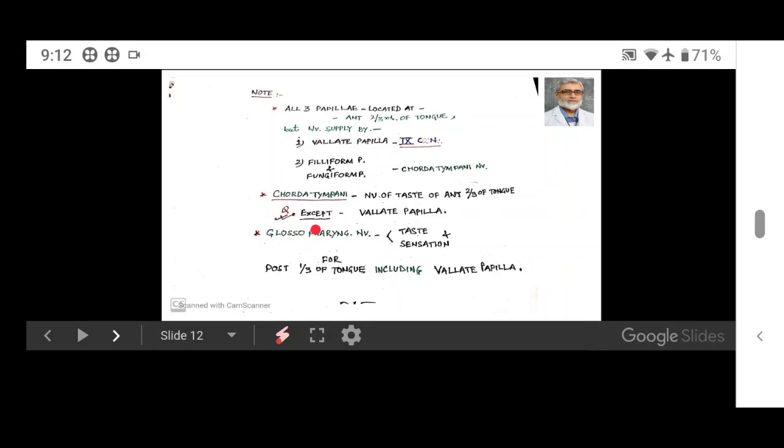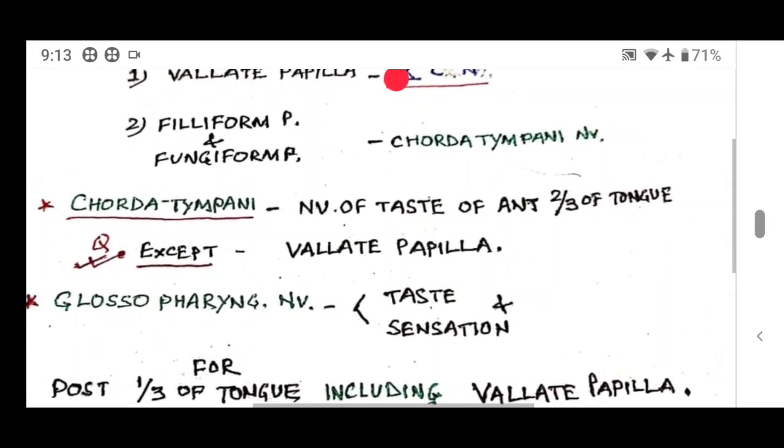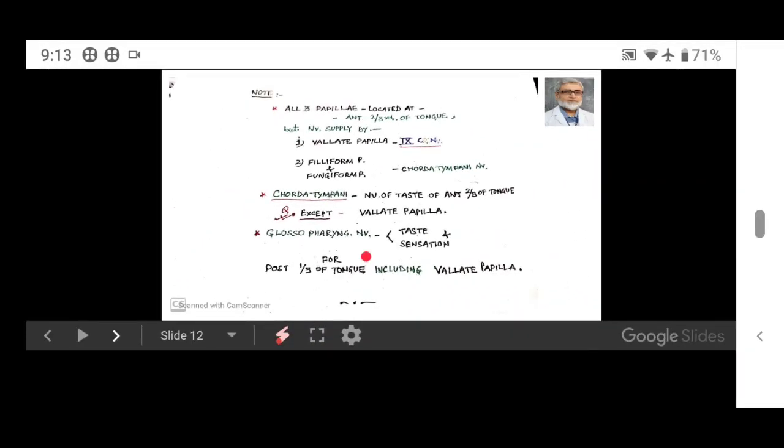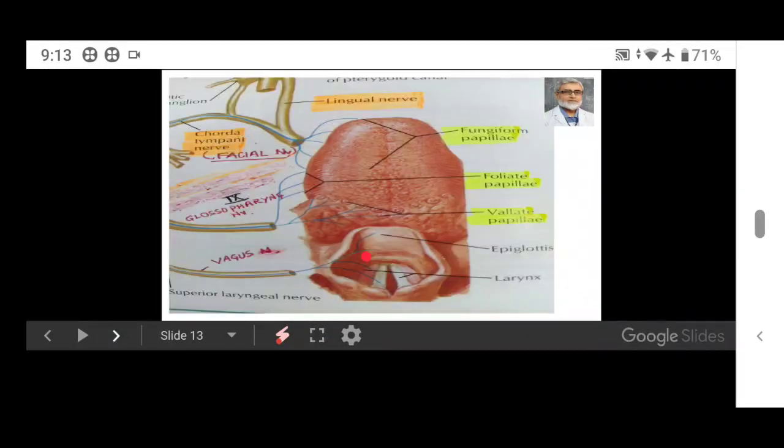Taste and sensation are covered by the glossopharyngeal nerve. Also, it supplies the vallate papillae, which are situated in the anterior 2/3 part of the tongue. You can see here, chorda tympani, glossopharyngeal nerve. Taste and sensation for the posterior third of the tongue, including vallate papillae, are supplied by it. Very good. Come to the next slide.